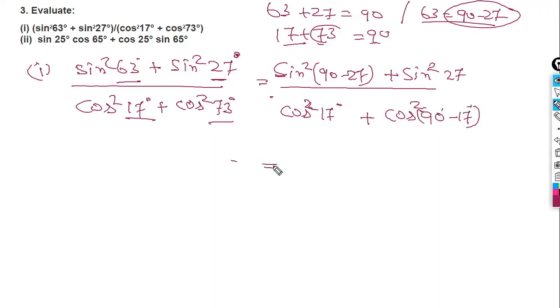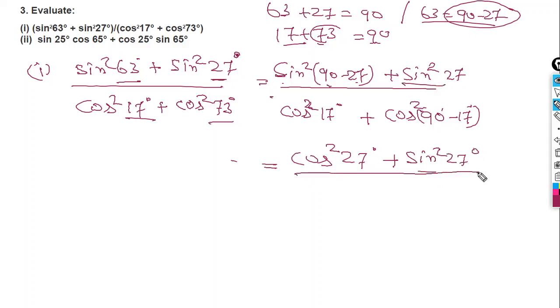Now you see sin 90 minus theta equals cos theta, so sin square 90 minus theta will also be cos square theta. So we can write cos square 27 degree plus sin square 27 degree, sin square 27 we have written as it is, divided by, here you see cos square 17 degree plus this cos square of 90 minus theta, that means it will be sin square theta.